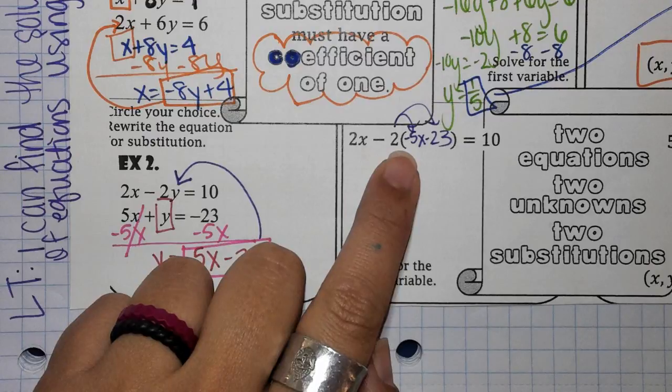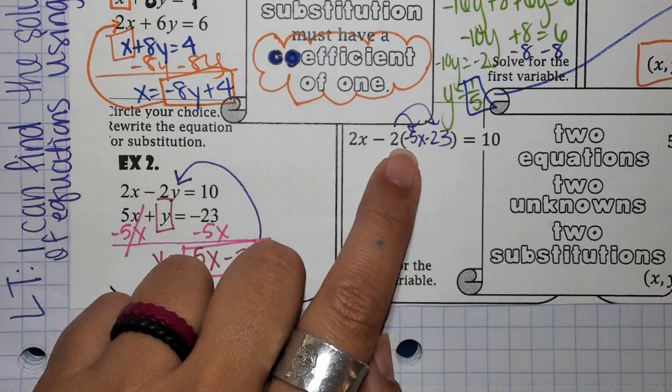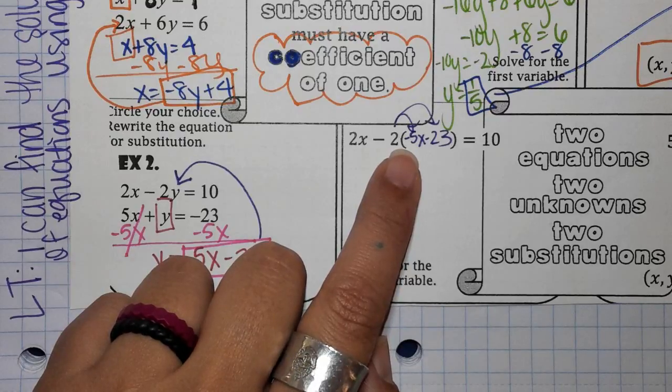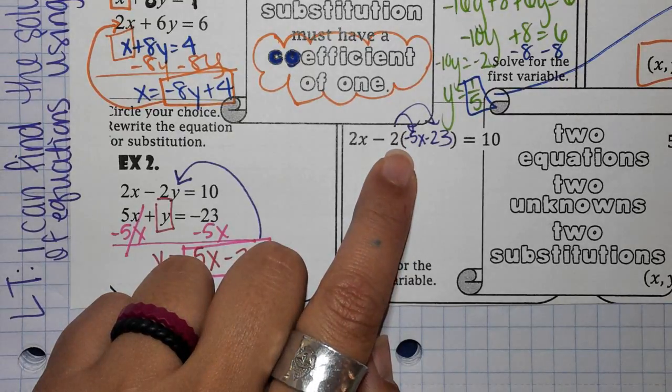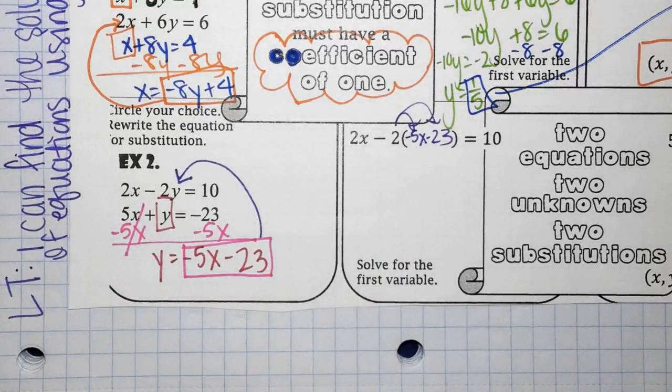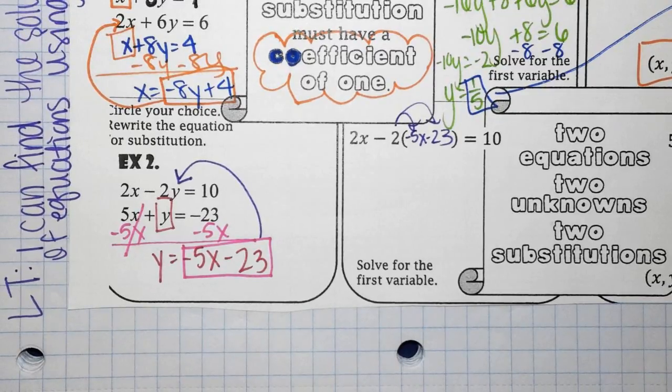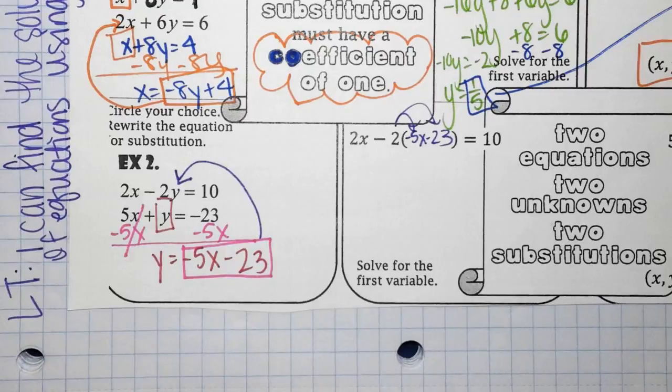Positive or negative? Colby, can you help us out? It's positive, because a negative times a negative is a positive.